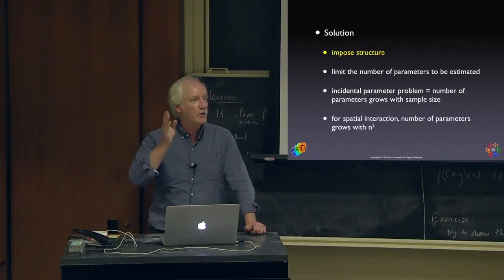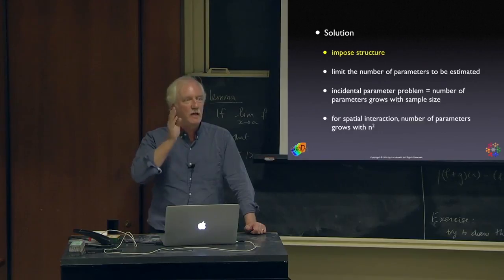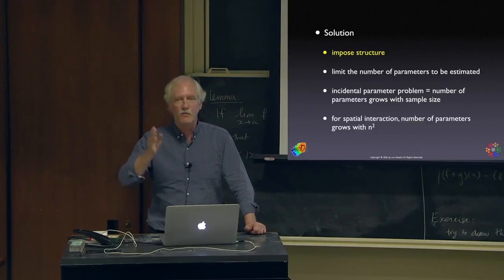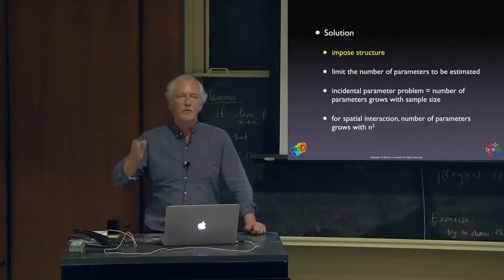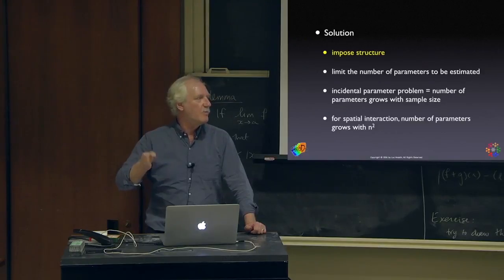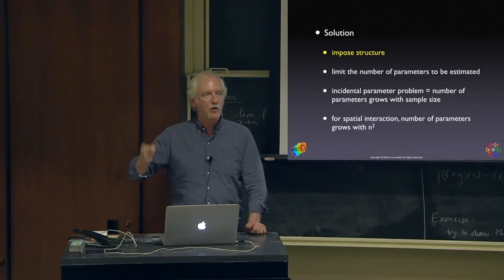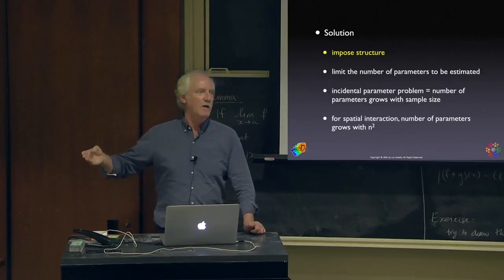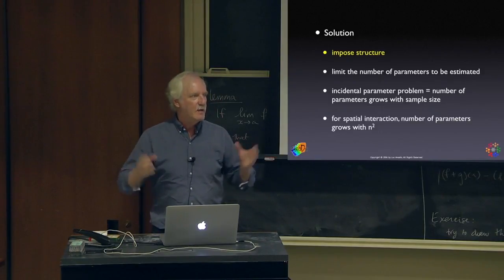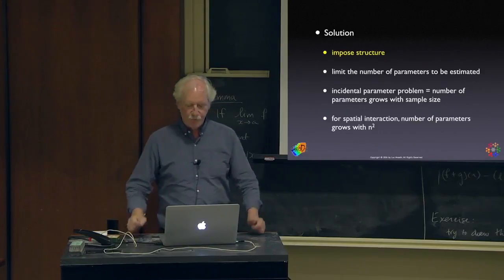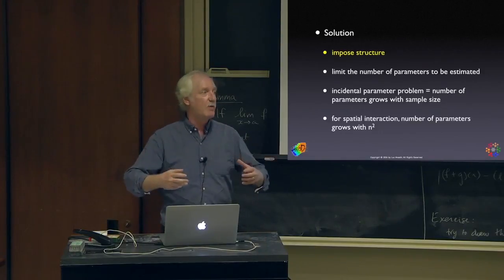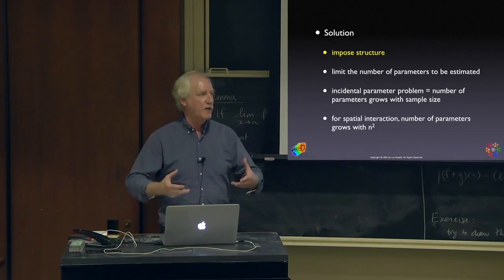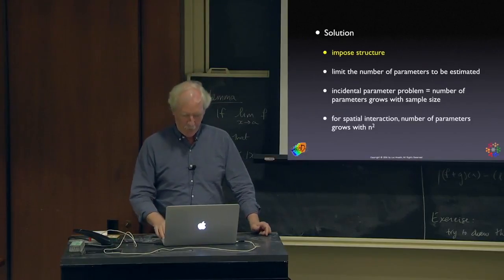How in the world are you going to estimate these variances if each observation has its own variance? Again, it's an incidental parameter problem. You don't gain by getting more observations. You only have more variances to estimate. Okay, it's the same nature of the problem. So how do we solve that problem? By structuring it, by making it simpler.